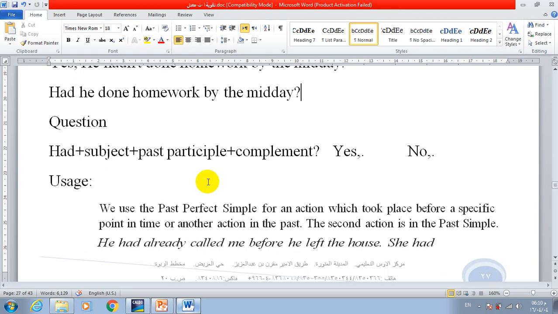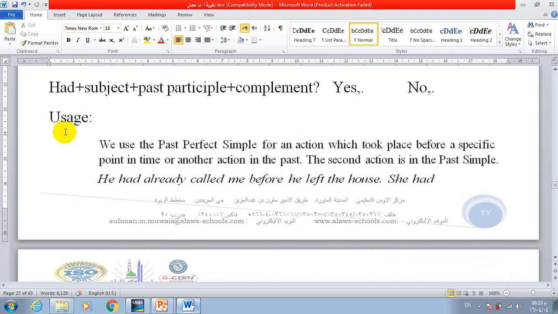Okay, let's go to the usage of the past perfect simple. We use the past perfect simple for an action which took place before a specific point in time or another action in the past.